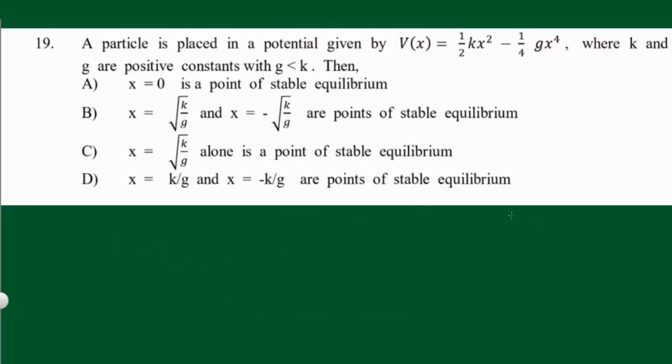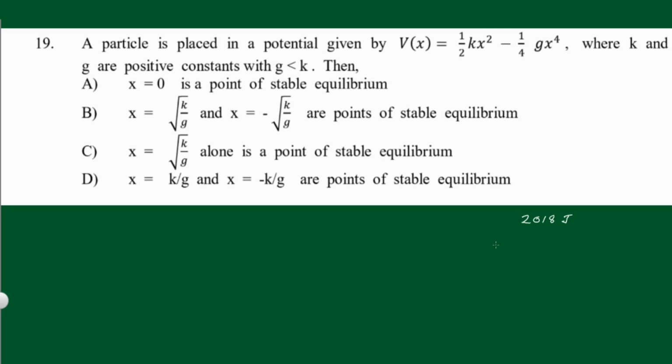This is a 2018 June question. Okay, the question is, a particle is placed in a potential given by V of x equal to half kx square minus 1 by 4 gx raised to 4, where k and g are positive constants with g less than k. Then x equal to 0 is a point of stable equilibrium, x equal to root k by g, and x equal to minus root k by g.